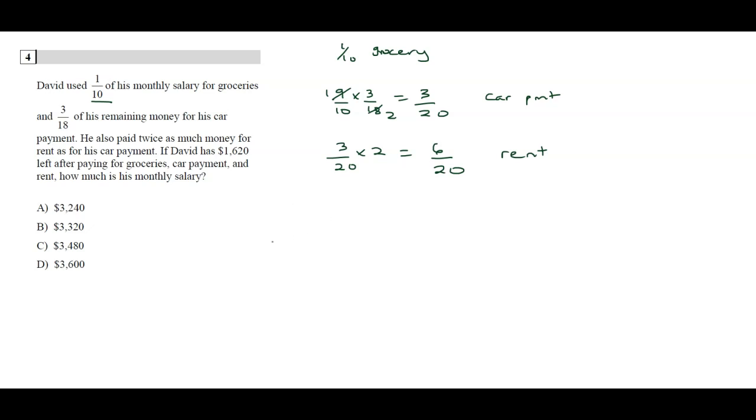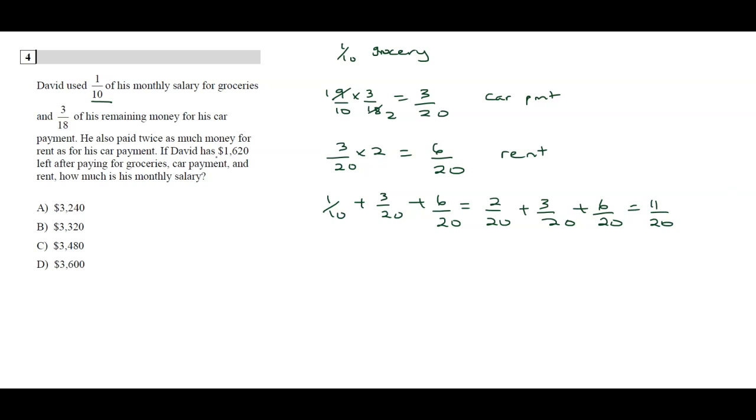So let's find out all that he has spent so far. We have 1/10 plus 3/20 plus 6/20. This is 2/20 plus 3/20 plus 6/20, which gives us 11/20.